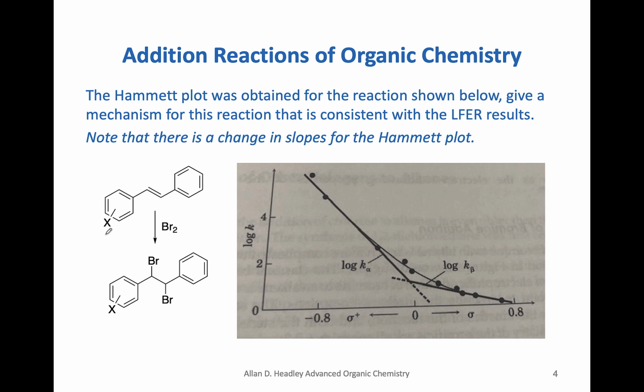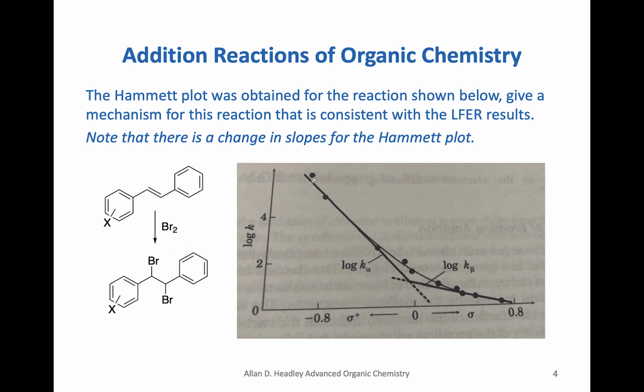Notice we're just putting the substituent on one of the benzene rings. This is still being, so it's just on one, and here's our double bond right here. Bromine is added across it, and we're changing the substituent and measuring the rates.